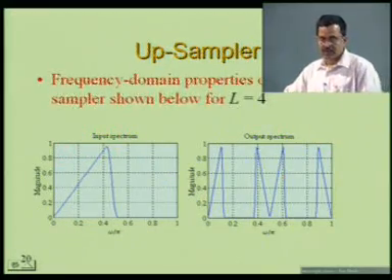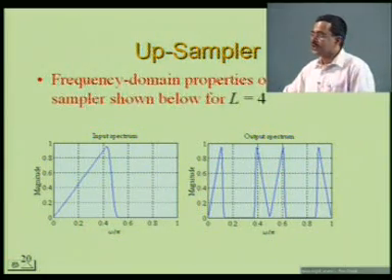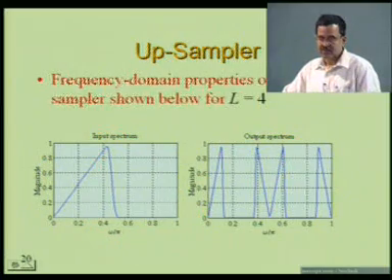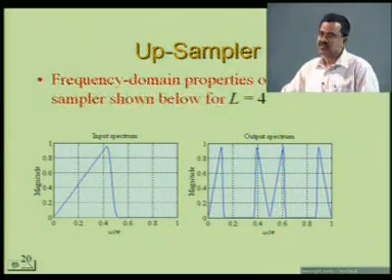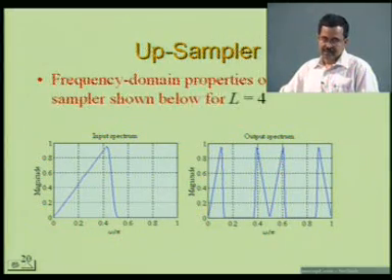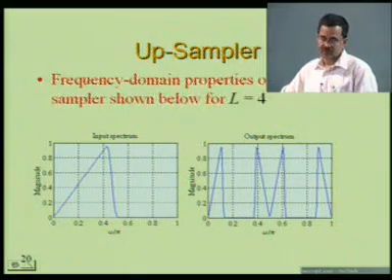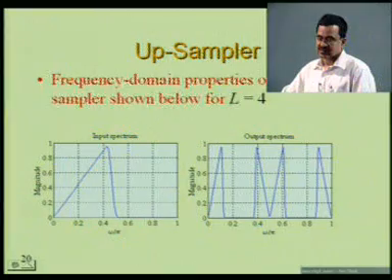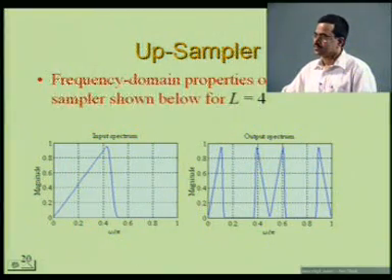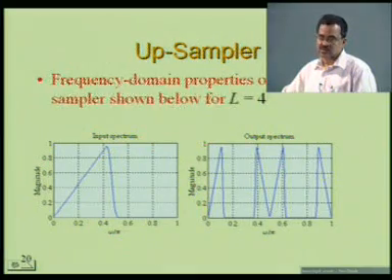Frequency domain properties of the upsampler are shown below. For L is equal to 4, the frequency domain properties can be studied from these figures. The left hand side figure reflects the input spectrum, ω divided by π means it is the frequency, and the other scale is magnitude versus frequency.